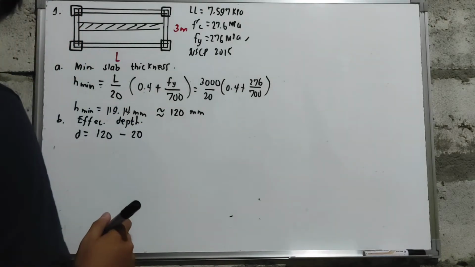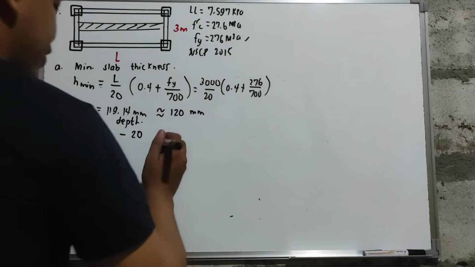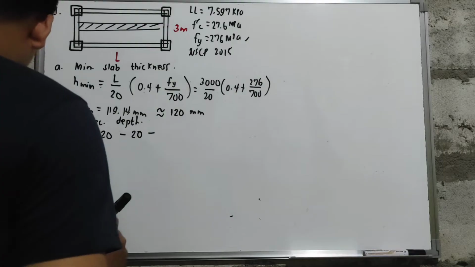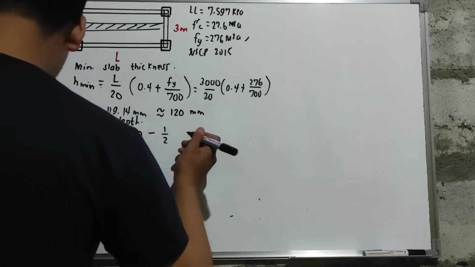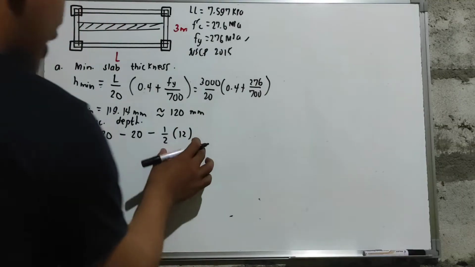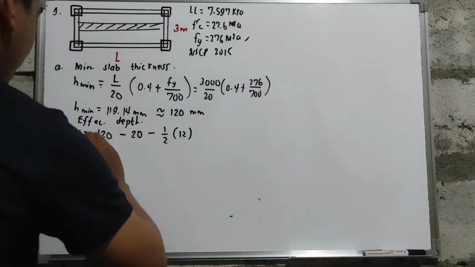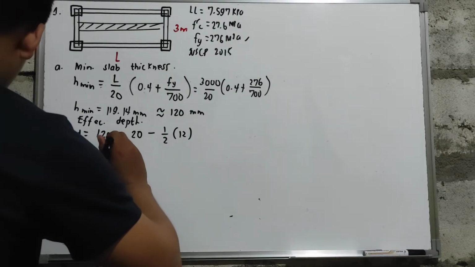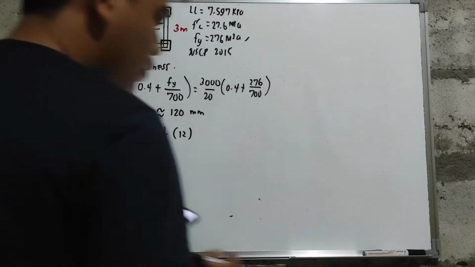Ito yung concrete cover natin, minus yung kalahati ng bakal natin, which is equal to 12 mm. So kalahati ng 12 mm or yung diameter ng bars natin. So you have a value of your D which is equal to 94 mm.